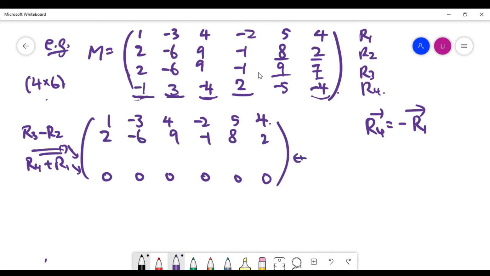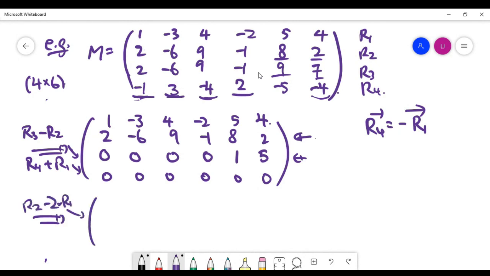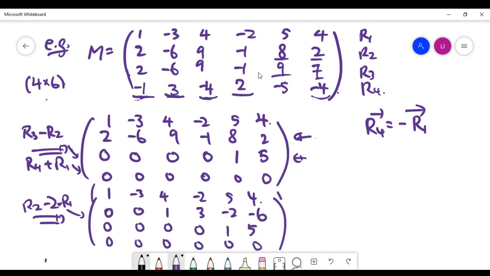And the row 3, we should have a vector which is 0, 0, 0, 0 for the first 4 coordinates and 1, 5 for the last coordinates, right? And let's try to reduce something for the row 2. I think we can carry out row 2 minus 2 times row 1 for the update of the row 2, right?